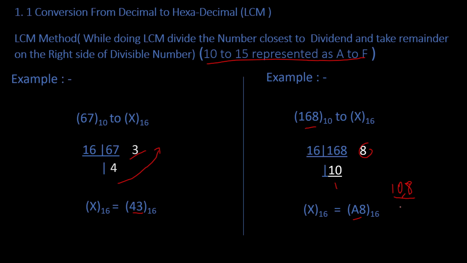So we cannot represent it by writing 1, 0, and 8. We have to convert 10 to 15 into alphabets, so there will be no confusion. It will start from A, then B, C, D, E, and we end with F at 15. So with this, we end the conversion from decimal to hexa, octa, or binary.